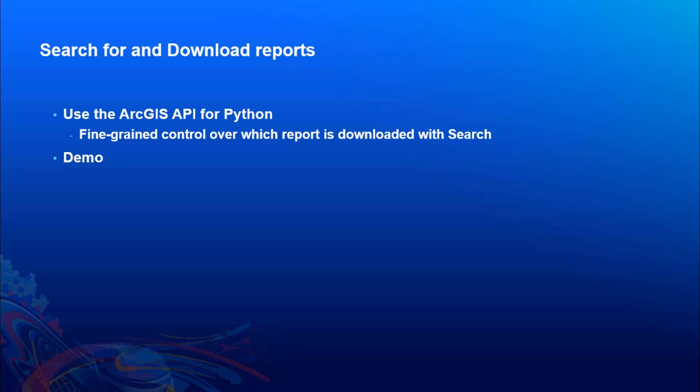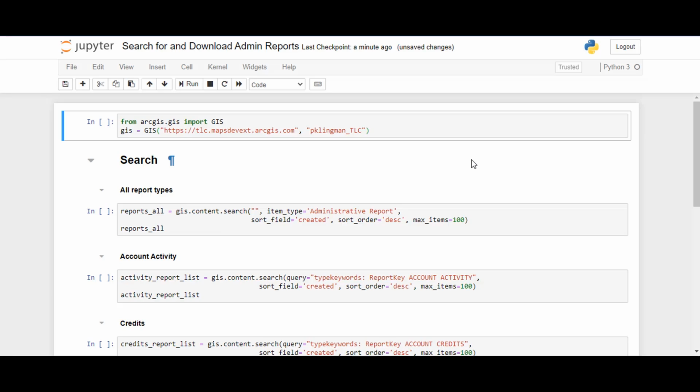So let's go ahead and see what that looks like in a Jupyter Notebook environment. Here I am in a Jupyter Notebook, and we're going to use the ArcGIS API for Python to search for and download each type of admin report. The first step is to connect to the GIS.